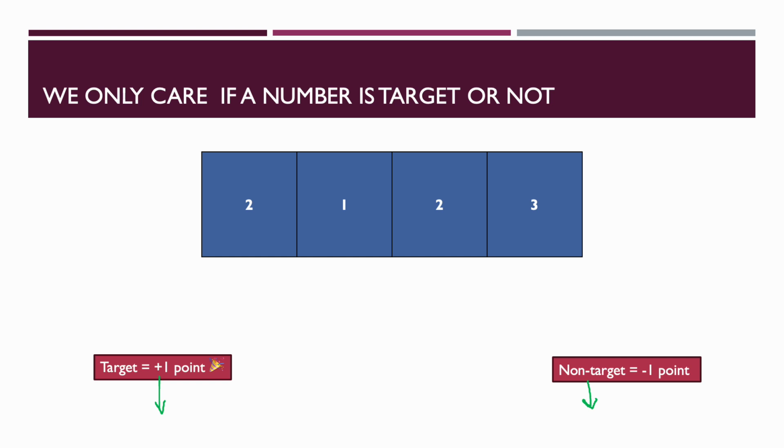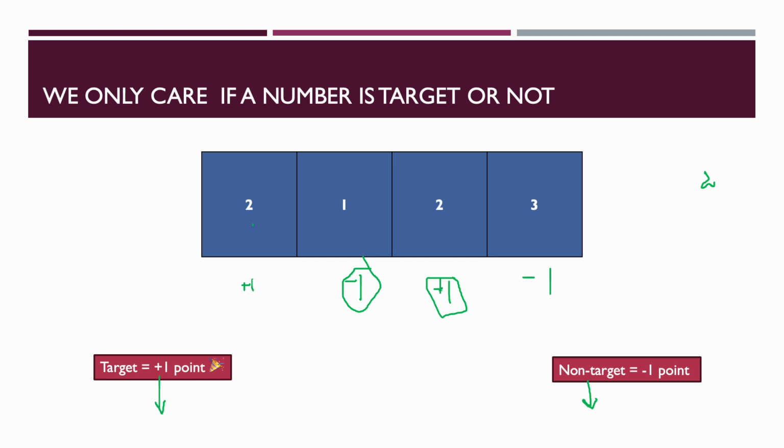Like let's say from this array, if my target is 2, then what happens? I write +1, and for 1 I write -1, for 2 I write +1, and for 3 I write -1. So whenever we encounter a +1, it means we have found a target, and whenever we encounter a -1, it means a target was not there.